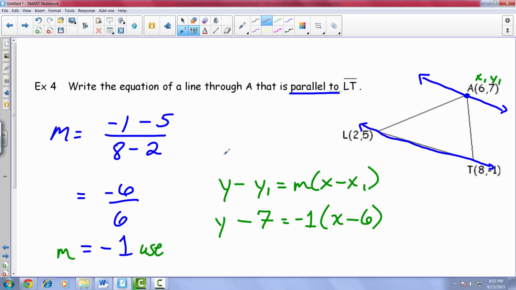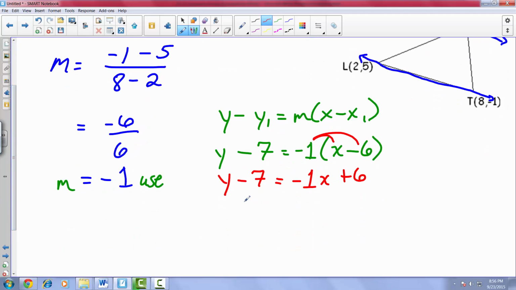And from here, we're just basically simplifying things. So we would distribute this negative in first, end up with y minus 7 is equal to -1x plus 6. And then lastly, we're just going to add that 7 over.